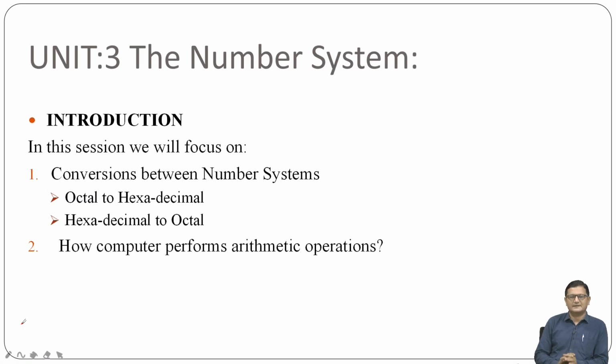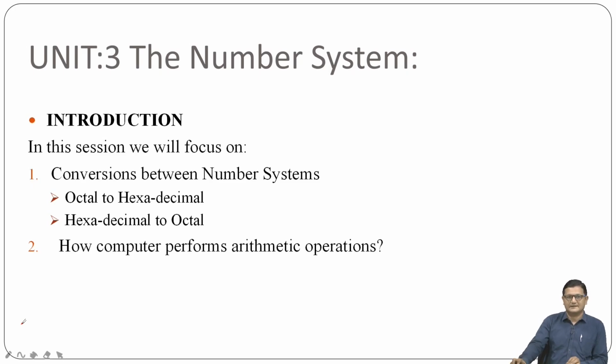I think in the last session we have seen what the hexadecimal number system is and how many different types of symbols there are, right? Total 16 symbols, and that's why we can say the base of the hexadecimal number system is 16.